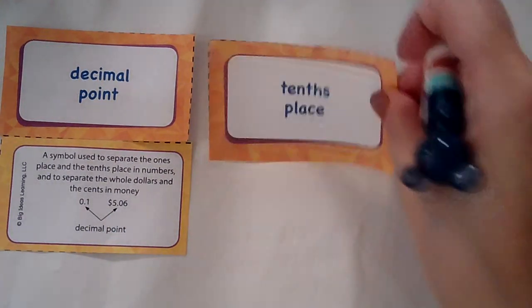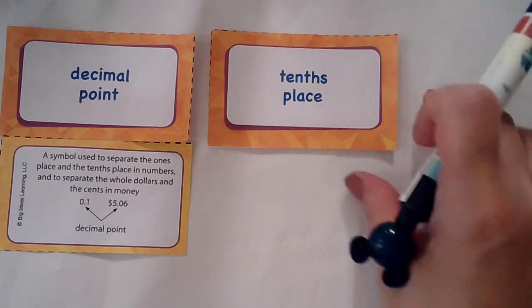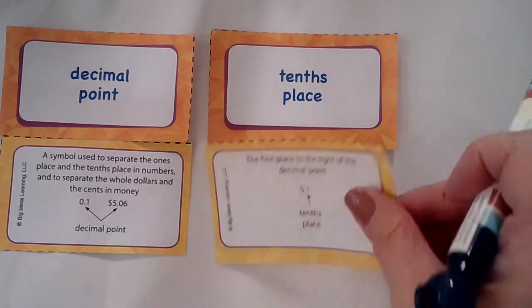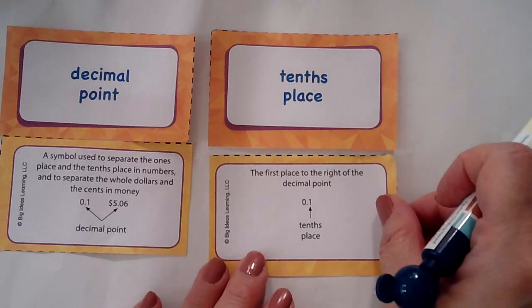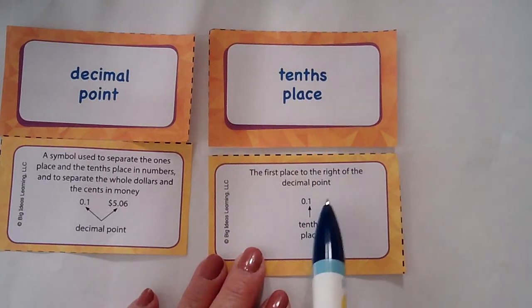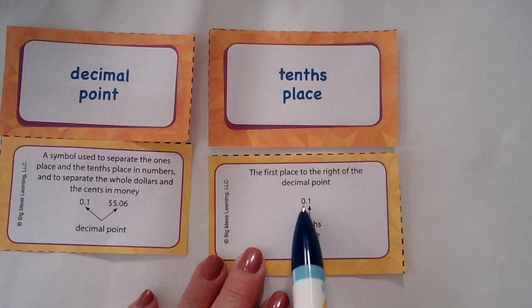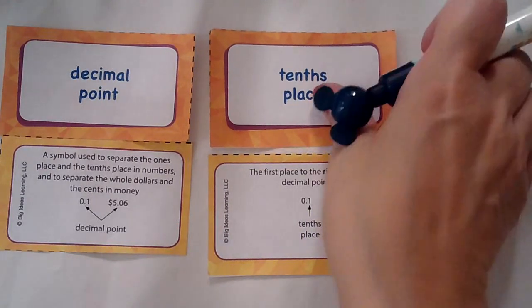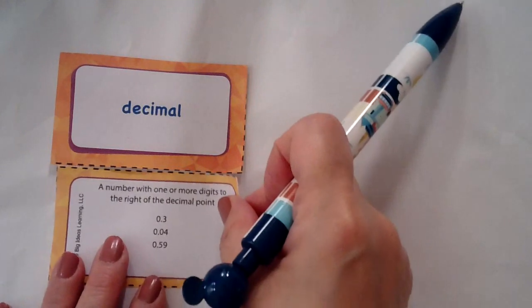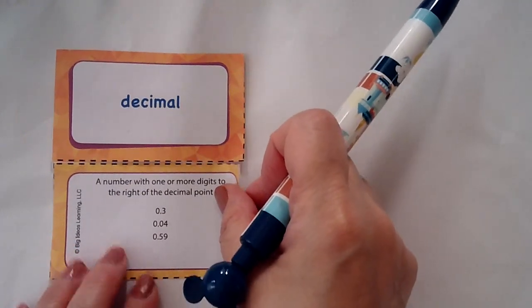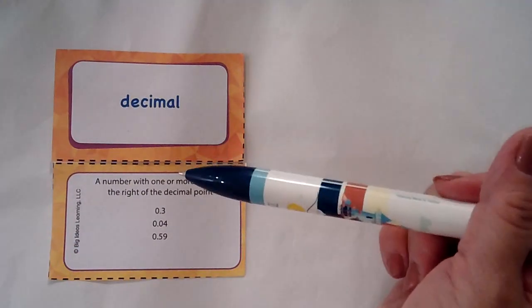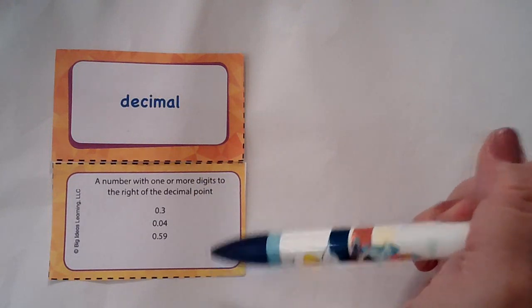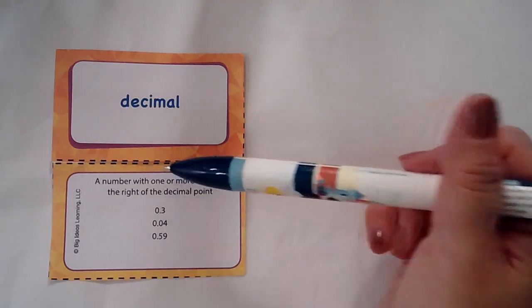The next vocabulary word for this lesson is tenths place. That's like our place value chart that we just looked at. It's the first place to the right of the decimal point. Ones, tenths place. So that we can see the other vocabulary words, I'm going to move this out of the way. Decimal. When we talk about what a decimal is, not the decimal point, but what a decimal is, it's a number with one or more digits to the right of the decimal point.